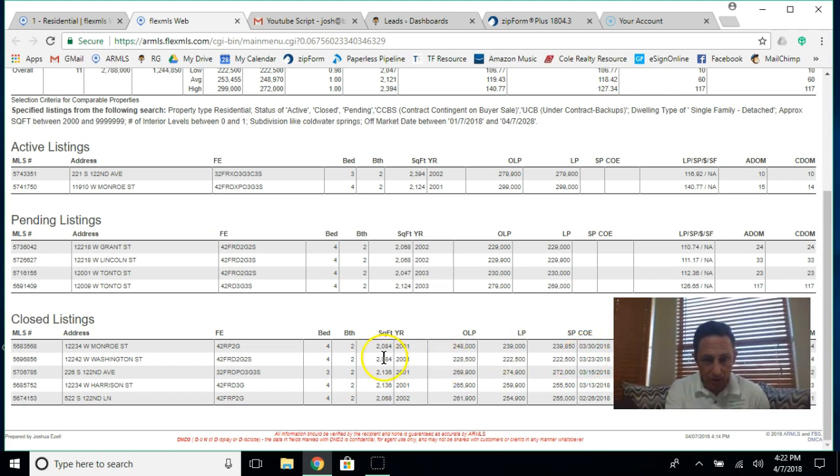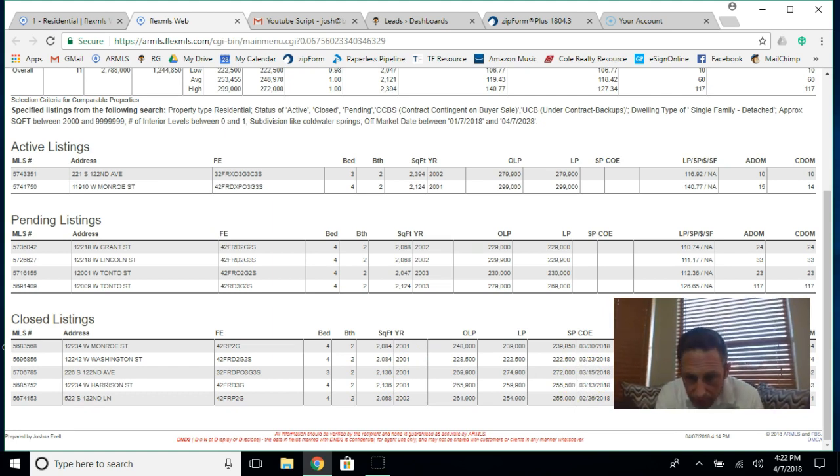So let's look at here. 2084, 2084, 2068, 2136, 2136. The 2,136 square feet homes are actually going to be the closest to our home because they are the closest in size. They're all about the same time built, and they're all right about the same approximate 3-4 bedrooms, 2 baths. So those two sold for $272 and $255.